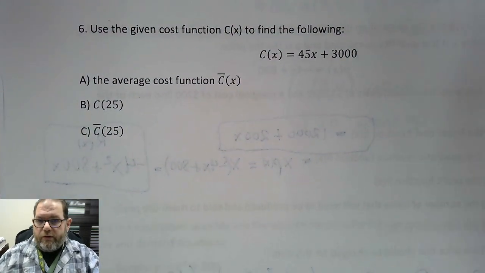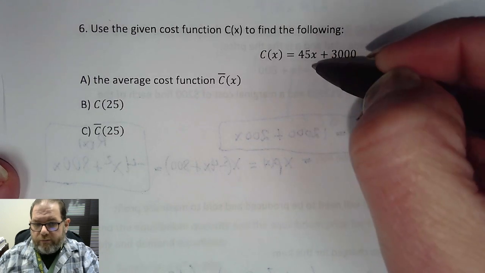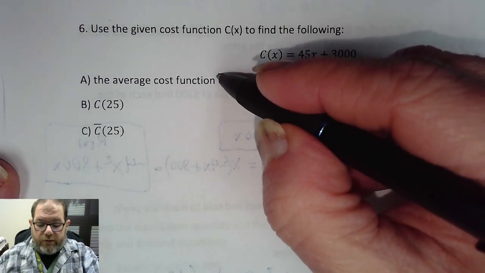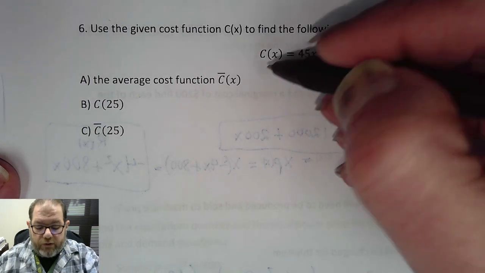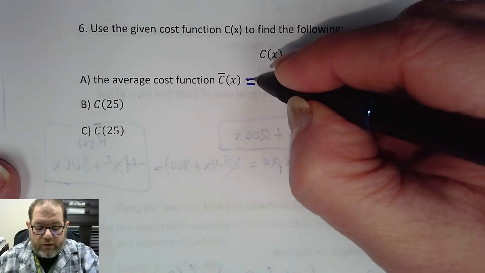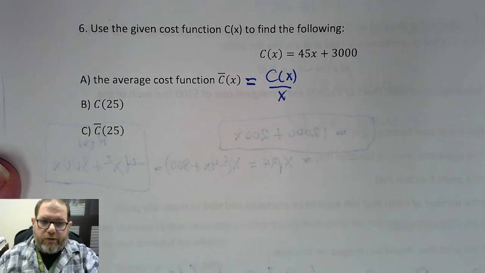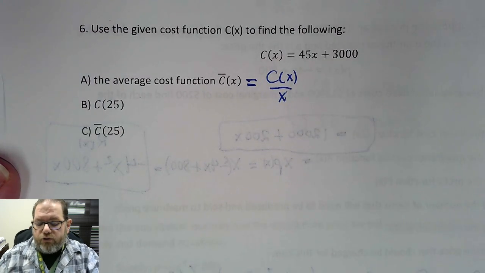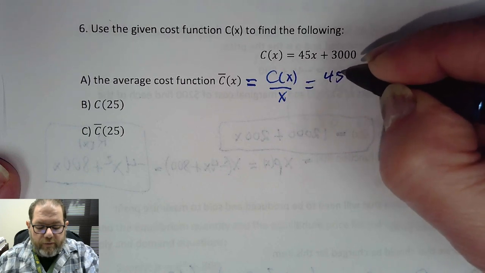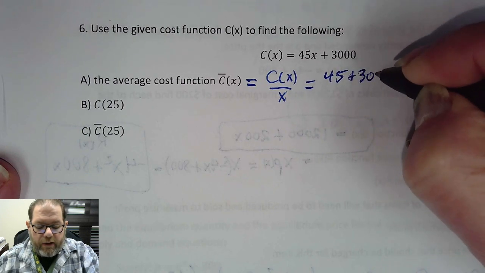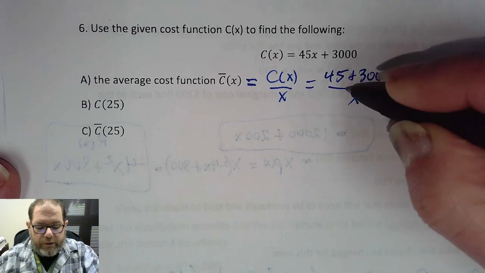Okay, 6, we're talking about the average cost function. Now, C of x is our cost function. So C with the bar over it, we call it C bar. This is our average cost function, and this is defined as C of x divided by x. So it is a rational function because of that. And so if we just take C of x and divide by x, we can split it up.